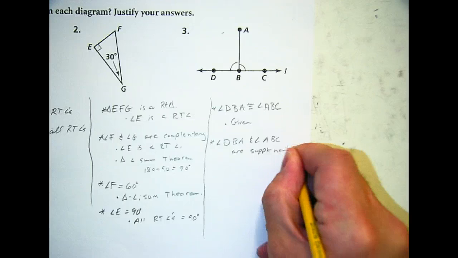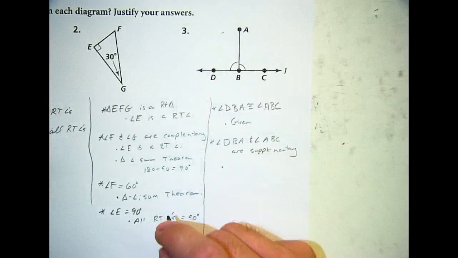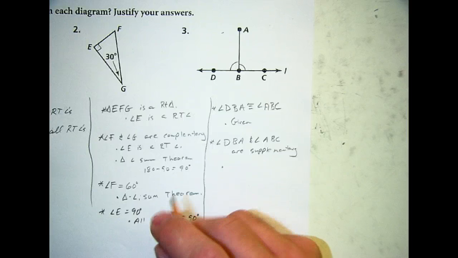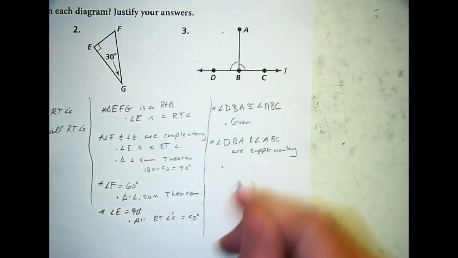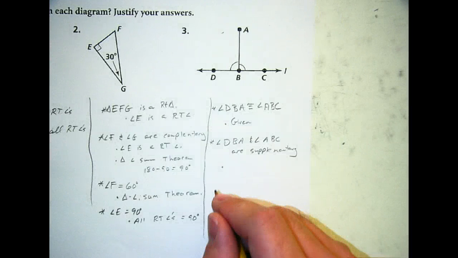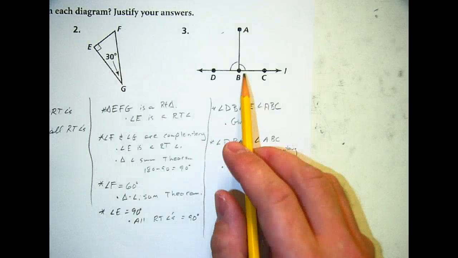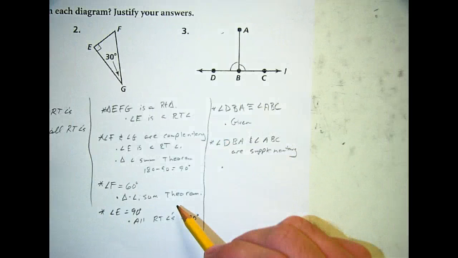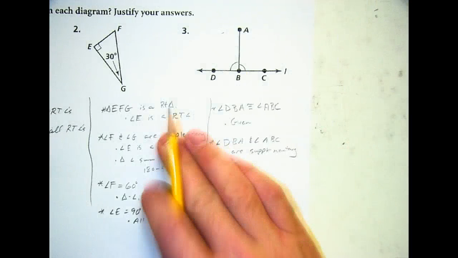Cameron, how come? Angle DBA is 90 degrees and ABC is 90 degrees, so they're congruent. How do we know they're 90? Oh, I'm kind of being difficult here. All right, you're right, but go ahead, Chase.